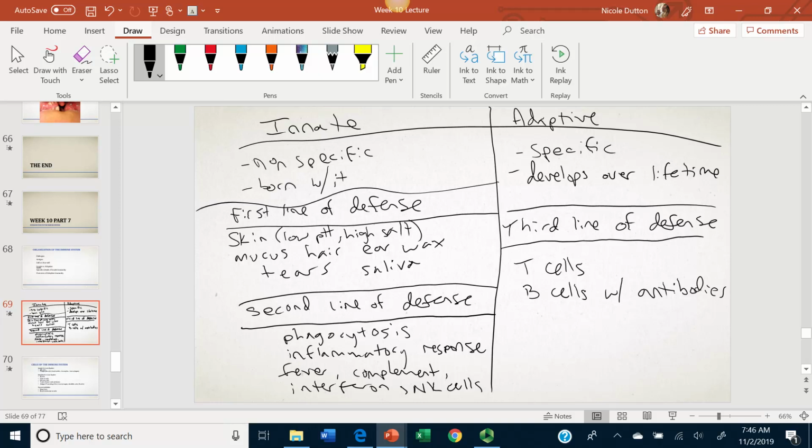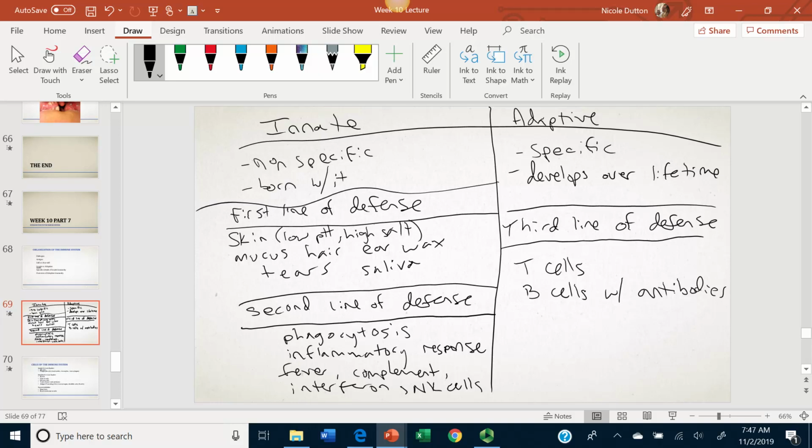Once those kind of microorganisms come in contact with cells that can stimulate your adaptive immune response, the adaptive immune response is very specific so that it will only be stimulated in the case of certain types of pathogens. So you have to find the specific T cell that can actually recognize the specific pathogen that you're under attack by as being foreign.